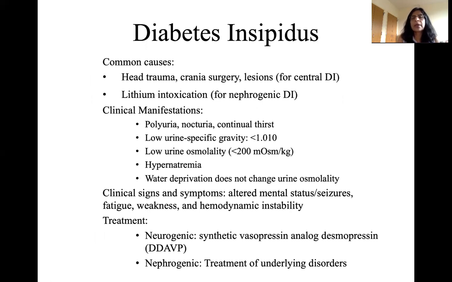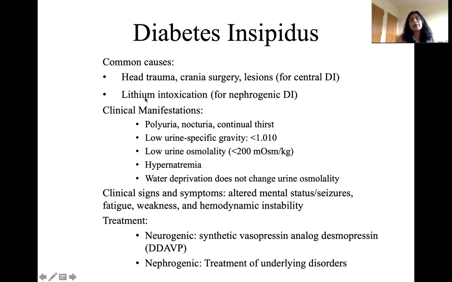of the brain, where there probably is some injury to the hypothalamus, or lesions. There is destruction of the tissue in this particular part where ADH is made. Those are all causes of central diabetes insipidus. Lithium intoxication.